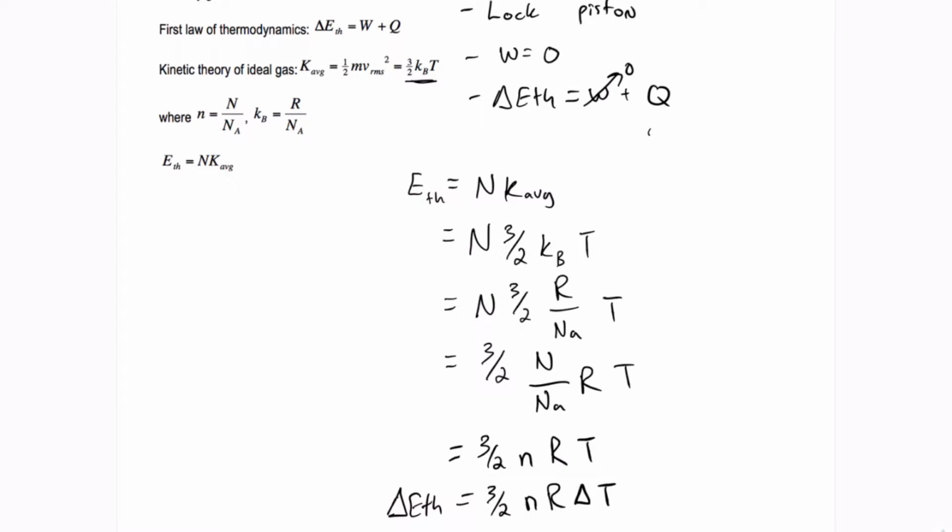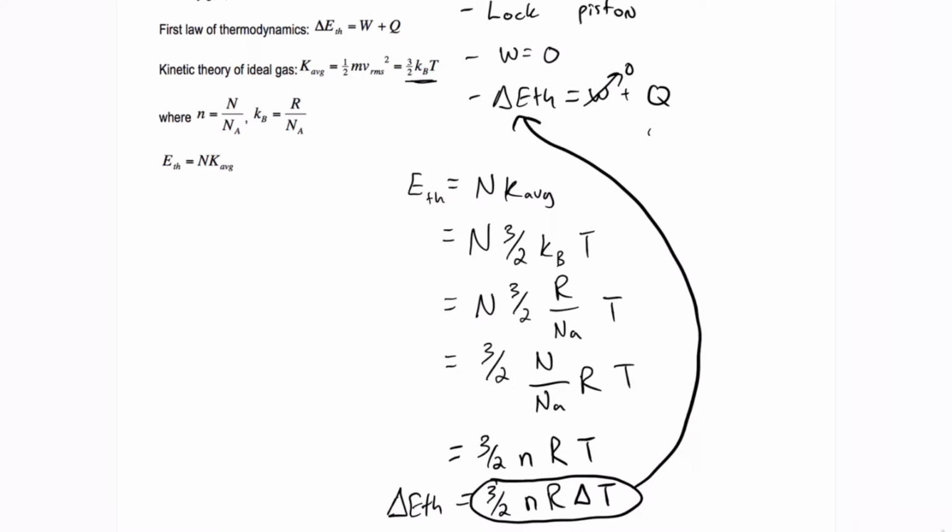Now that we have this expression for delta E_th, let's plug it back in, and we'll see that Q equals 3/2 the number of moles times R times delta T.